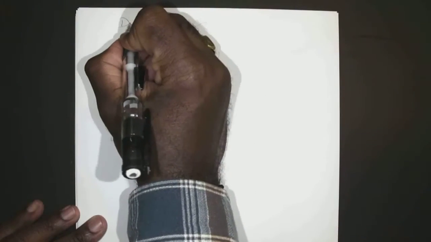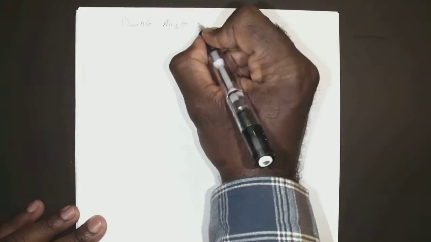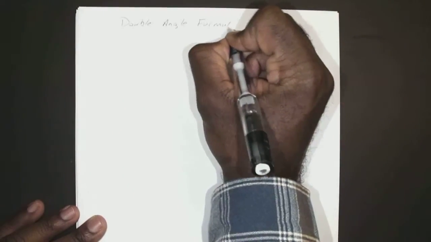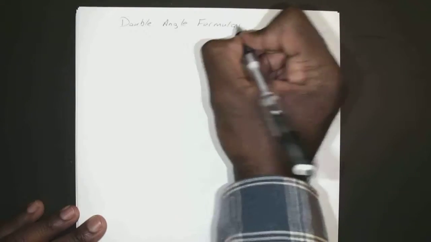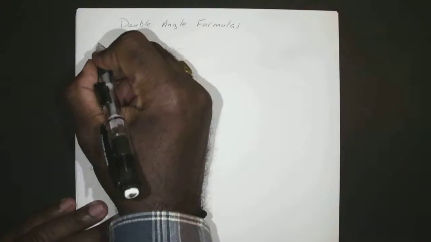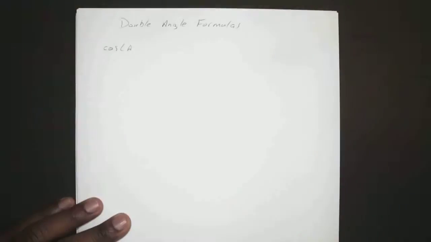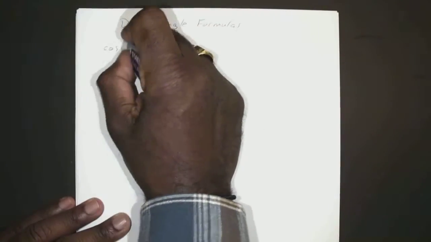Okay, so now we're going to cover the double angle formulas. If we have our cosine of, instead of a plus b, I'll use x and y.